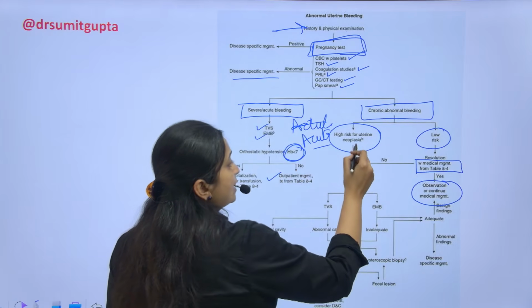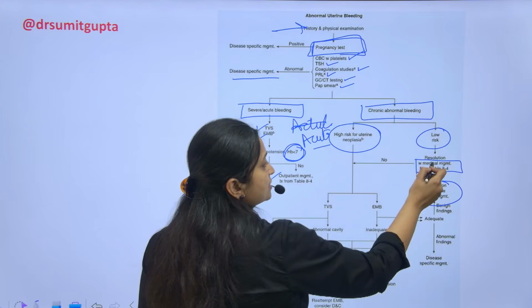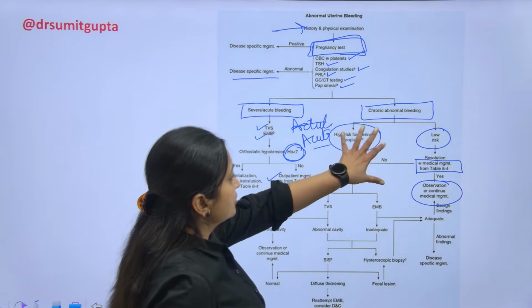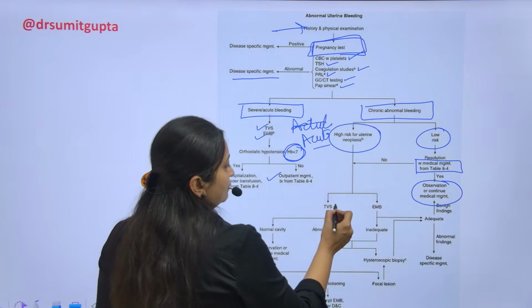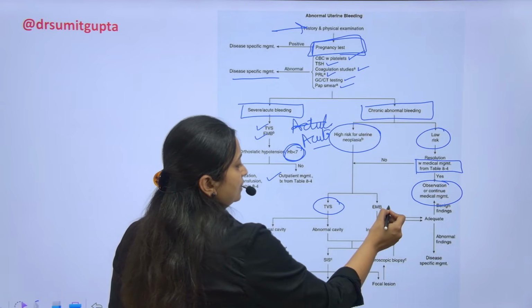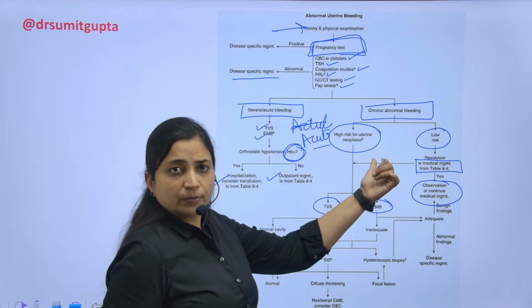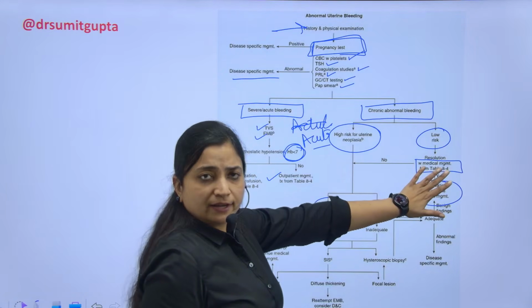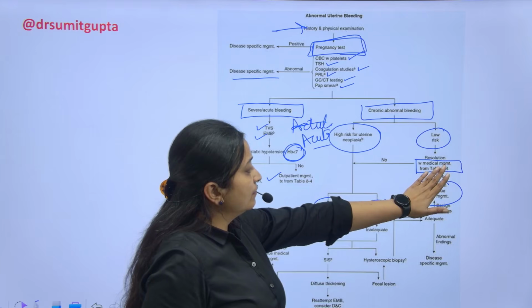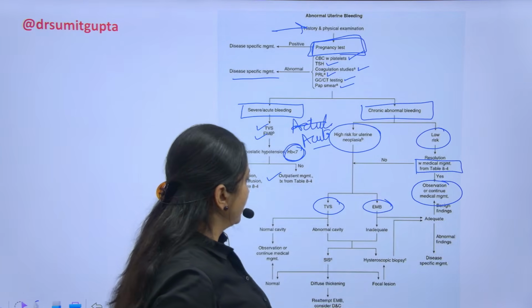But if she is high risk, then straight away we go for investigations including transvaginal sonography and endometrial biopsy, because she is at high risk for neoplasia. But if she is at low risk for neoplasia, we always try medical management first. If the medical management is not working, we go for transvaginal sonography or endometrial biopsy.